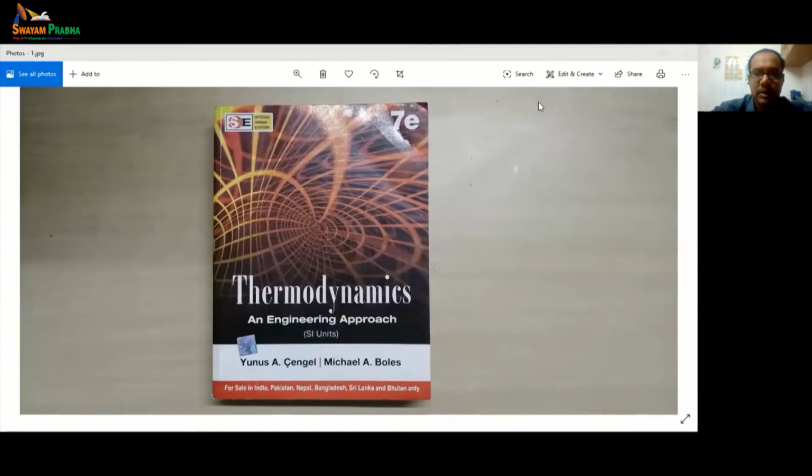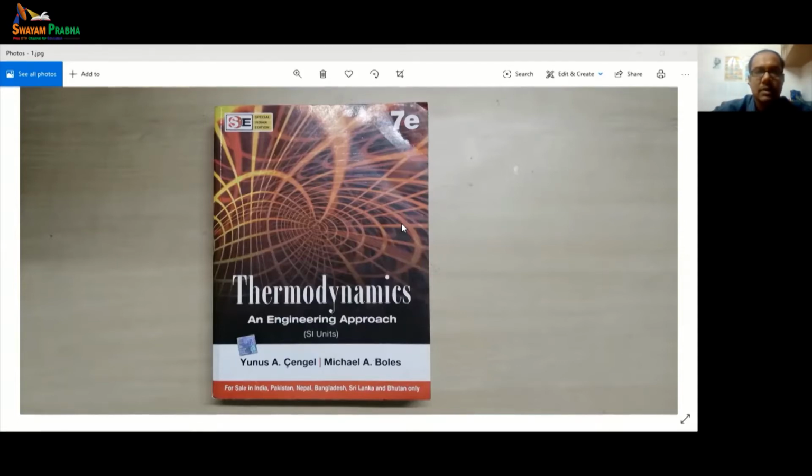In the last tutorial session, we looked at a few problems, and in this tutorial session, again, we'll pick up some different kinds of problems to elucidate thermodynamics at the undergraduate level. The book that you see on your screen is the book that we follow here at IIT Kanpur for undergraduate thermodynamics teaching.